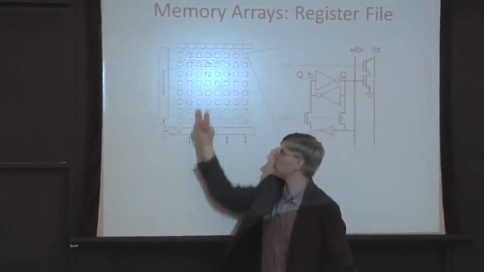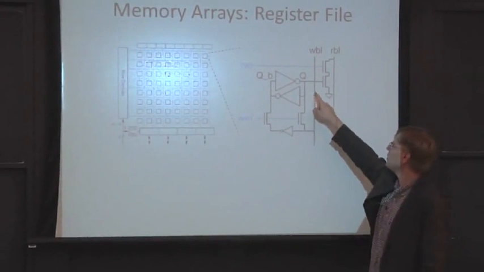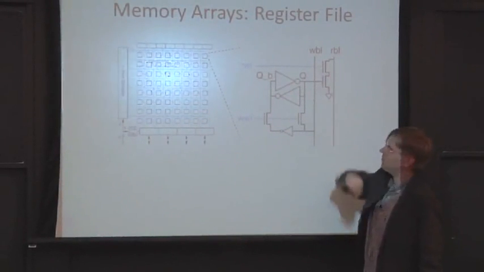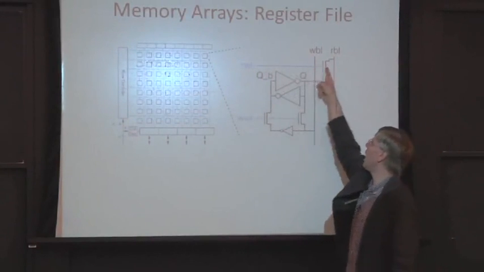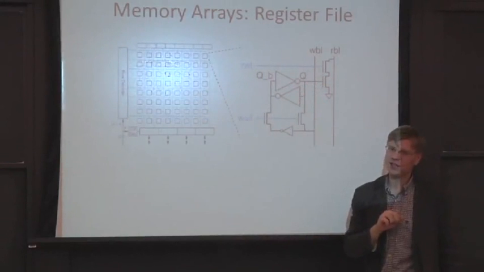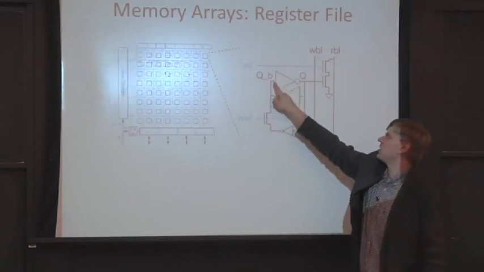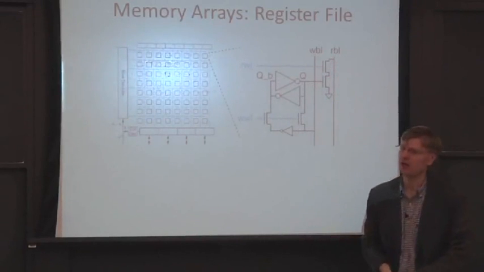And these read bit lines are these vertical wires running here. And we're going to do this with effectively a pass gate here. When we energize the read word line, it connects the output of this inverter here to the read bit line.